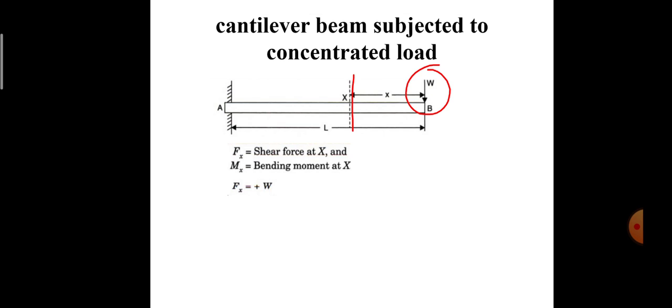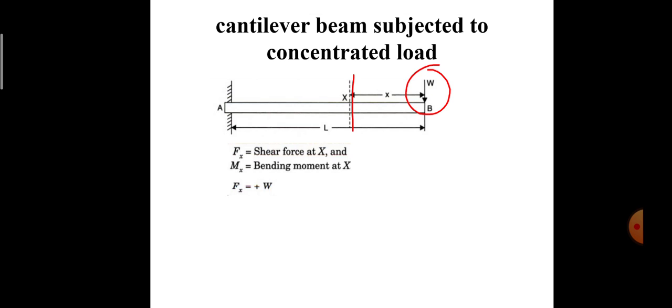So you can just observe that the shear force will be constant at all the sections of the cantilever beam between A and B because there is no load between A and B. As we know, the algebraic sum of all the forces towards the left side or right side of the section is nothing but the shear force. But in this case of the cantilever beam, only one force is existing, that is W. So therefore the value of shear force at all the points of this cantilever beam remains constant, that is plus W itself.